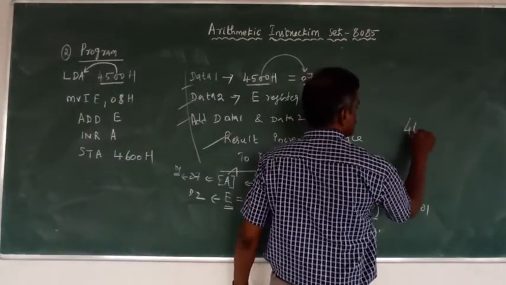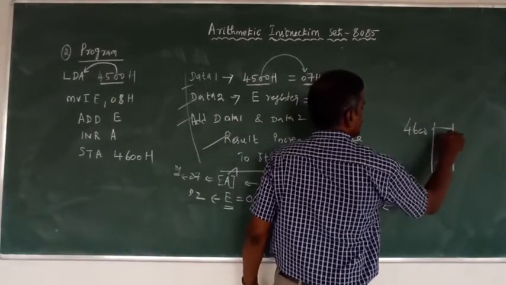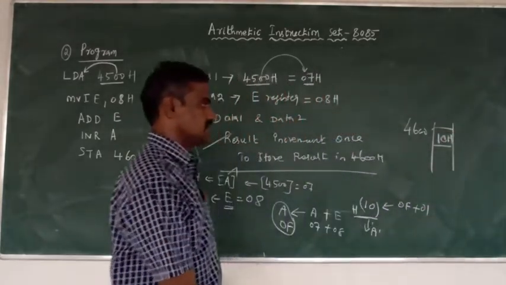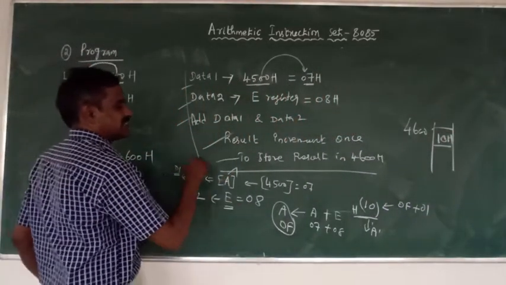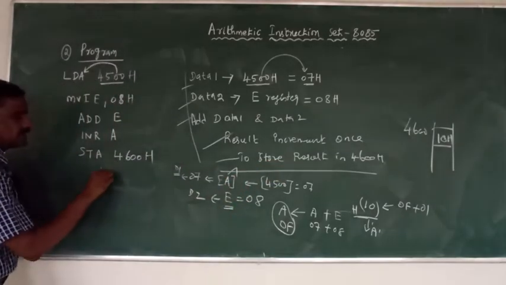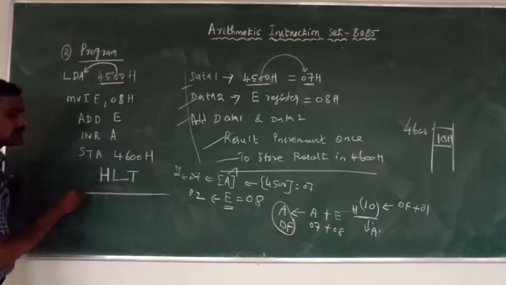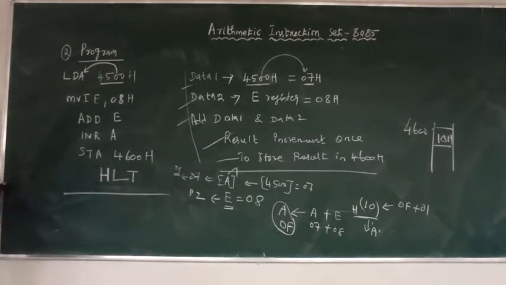Now in 4600 address, the result 10H will be stored. Everything is finished, and at the end of the program we use HLT, which means end of the program.